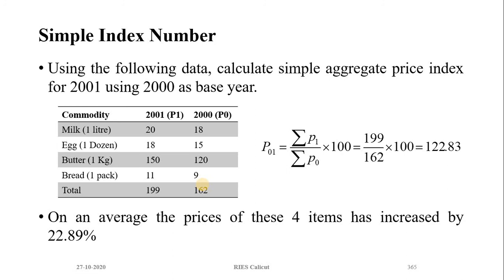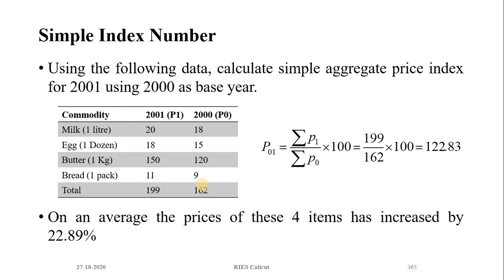So it will tell us on an average the price of these four items has been increased by 22.83%, not 122. Okay, because here the base year will always be expressed as 100.